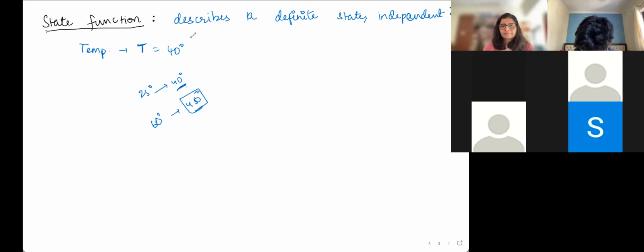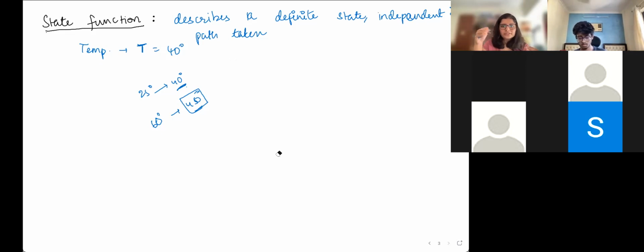Ma'am, is it possible for you to explain what a state function was again? It describes a particular bulk property of a substance. To describe something, you can talk about the pressure exerted, what temperature it's at, how many molecules there are, what heat energy it's giving out, its enthalpy, what work it's doing.